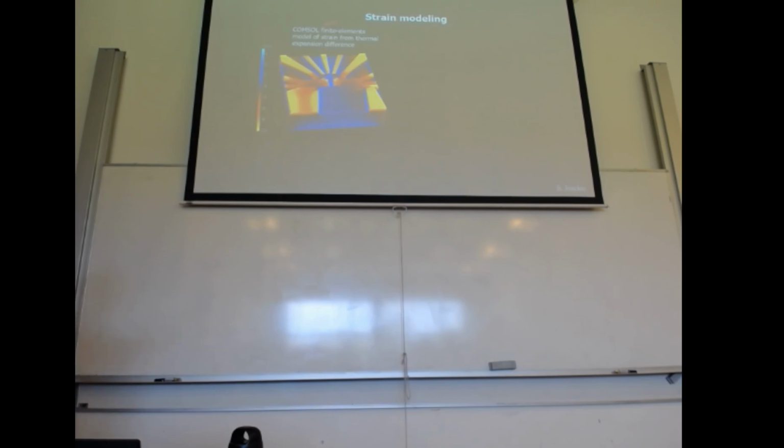You can do some strain modeling in COMSOL. I don't think it's all that accurate, but it is a good indication that you're on the right track, I would say. So you convert the strain that you get, taking into account the thermal contraction when you cool down, into the quadrupole splitting that you expect, and do that with realistic geometry.